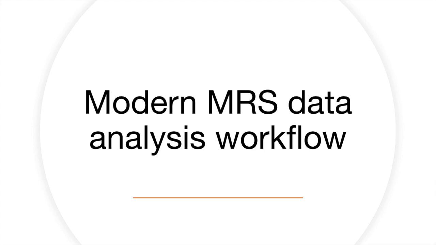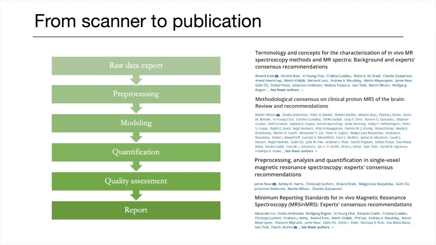But now, let's get started with our rapid tour through a modern MRS data analysis workflow. MRS data analysis entails every step that happens after data are acquired. So today we'll talk about the format that raw data is exported in, we'll discuss the processing steps that we perform on the raw data before we turn the processed spectrum over to the modeling.